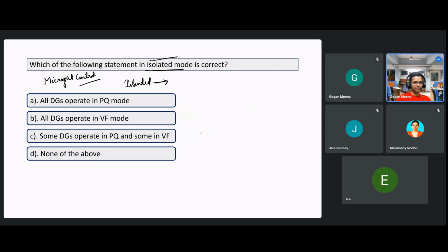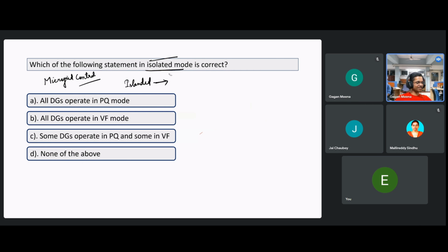In isolated mode, all will work in PQ mode only. Isolated or grid connected? Isolated means islanded, no? Yes, isolated or islanded are the same. So all the converters will work in PQ mode in which mode?